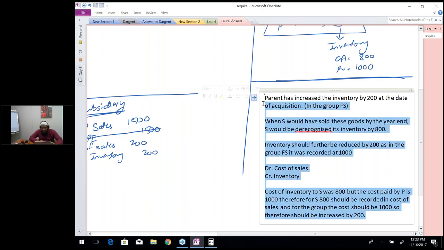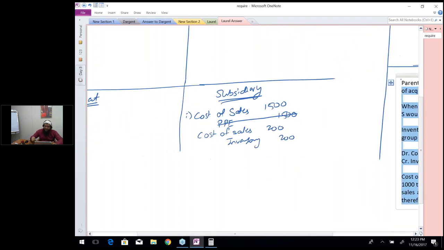So that is why we are preparing the entry as cost of sales debit and inventory credit. But the inventory credit will not have any impact in the income statement. This is something that is relevant to the balance sheet only.